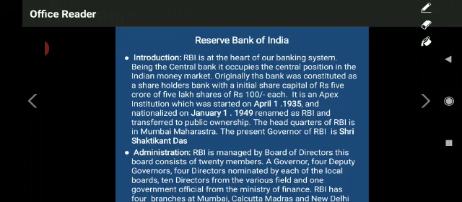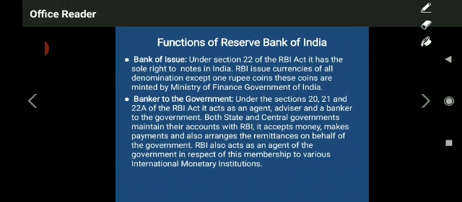RBI has 4 branches at Mumbai, Kolkata, Madras and New Delhi. These are the 4 branches in 4 metropolitan cities of the country, and they work as good as Reserve Bank of India. This is all about the administration of Reserve Bank of India.